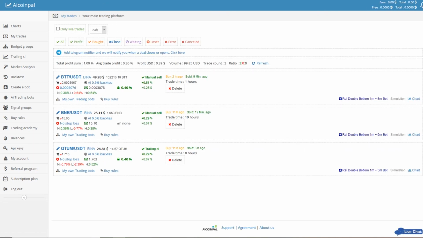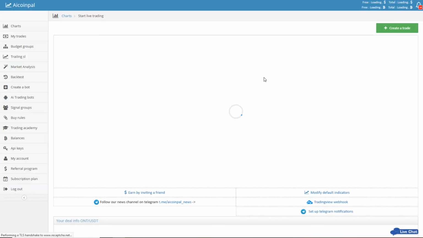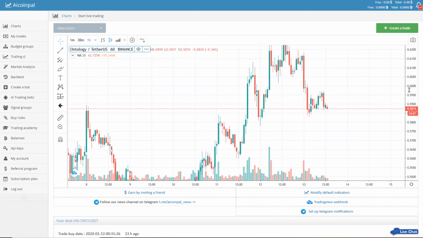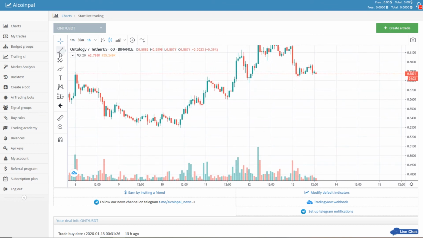So okay, let's just wait. Let's see how our open trades are doing. Let's maybe look at the chart. It seems that it's not holding the trend anymore.